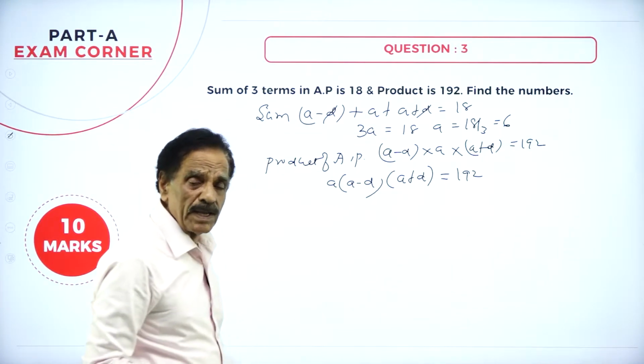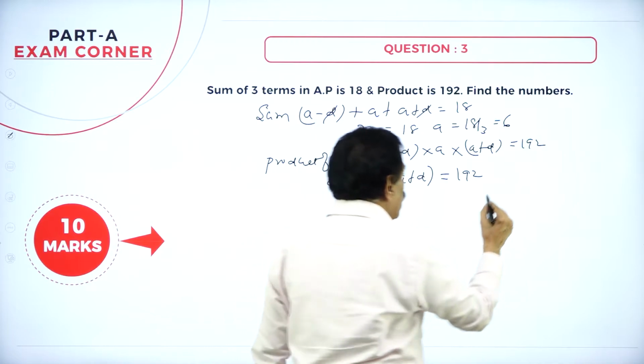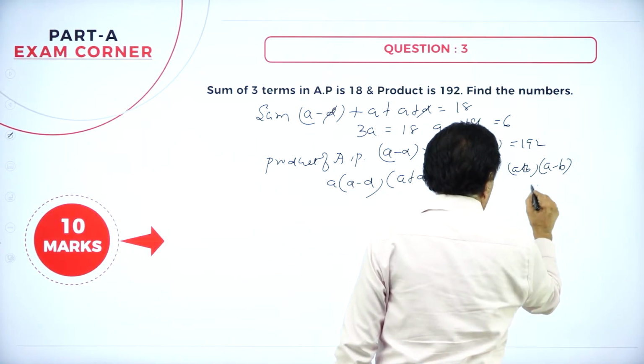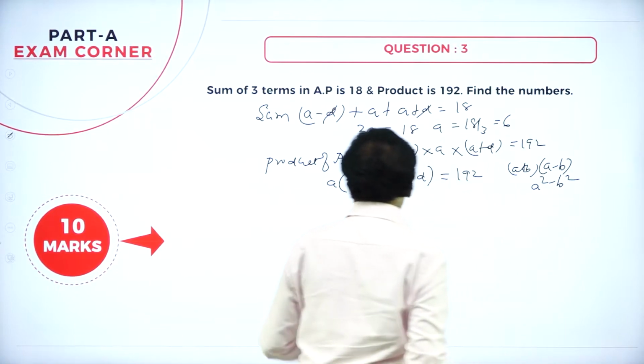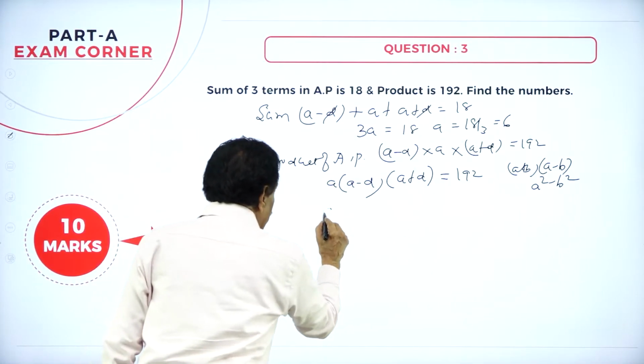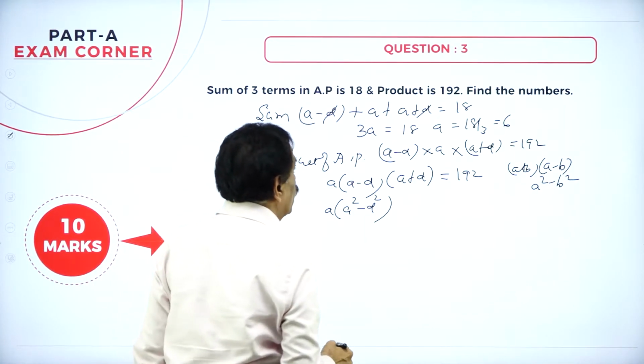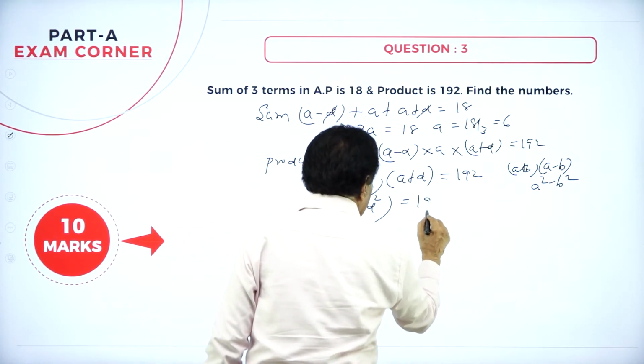As per the formula, A plus B into A minus B is equal to A square minus B square. Same you are going to apply: A into A square minus D square is equal to 192.